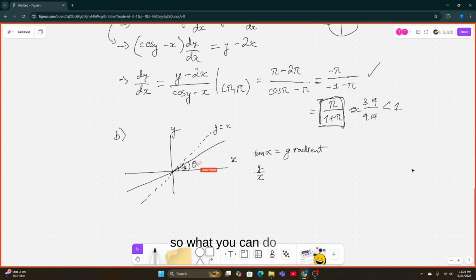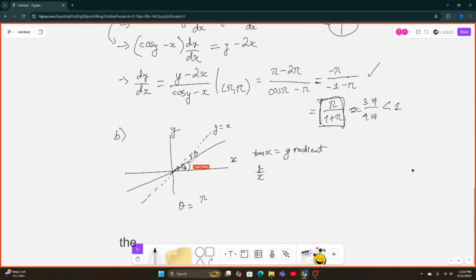Wait, this is not theta, right? The angle that we need to find is between y equals x and the tangent line.